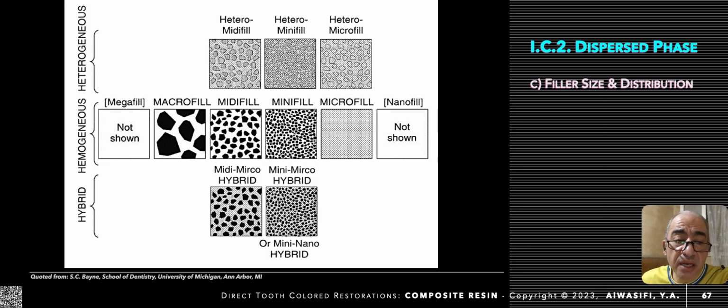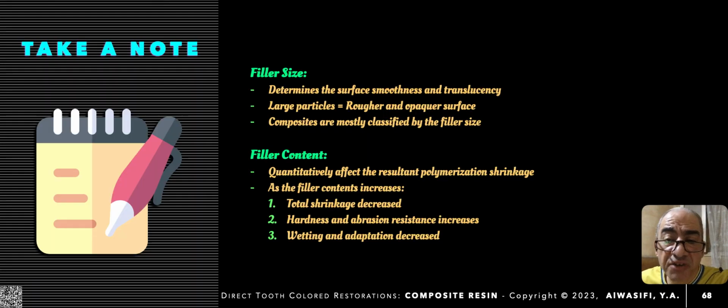This schematic diagram is popular, showing the difference between homogeneous and heterogeneous, the difference between different types and sizes, and the hybrid ones. Okay, please note that the filler size always determines the surface smoothing and translucency. Large particles produce a rougher opaque surface.